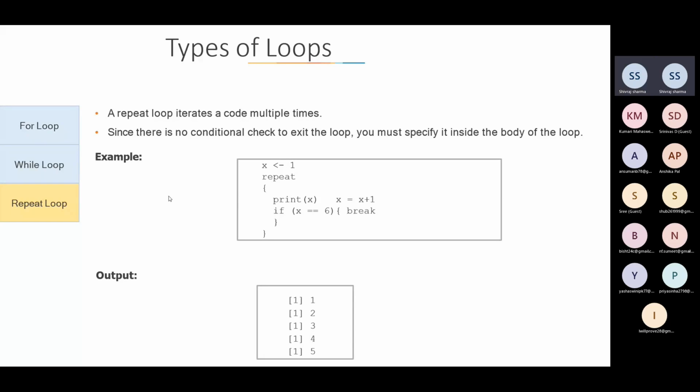If we do not mention a break, then it will repeat the iteration up to infinity. In the repeat loop, remember the main thing that you have to mention is where the loop must exit, or put a break. Otherwise, it will run up to infinity.